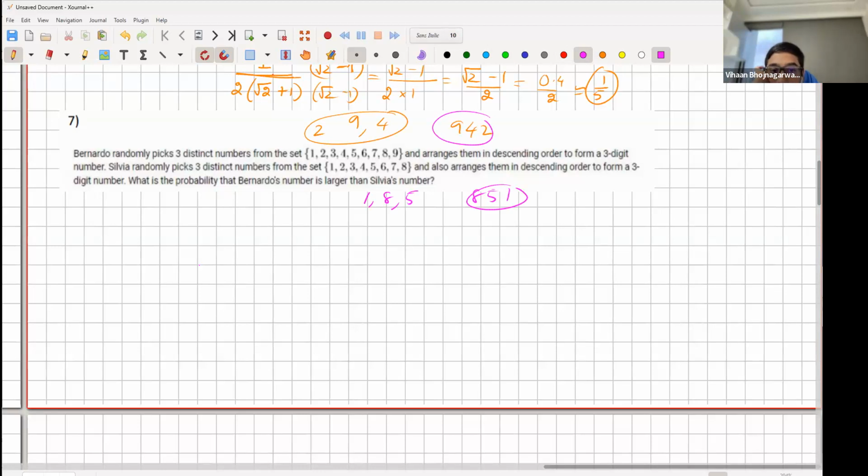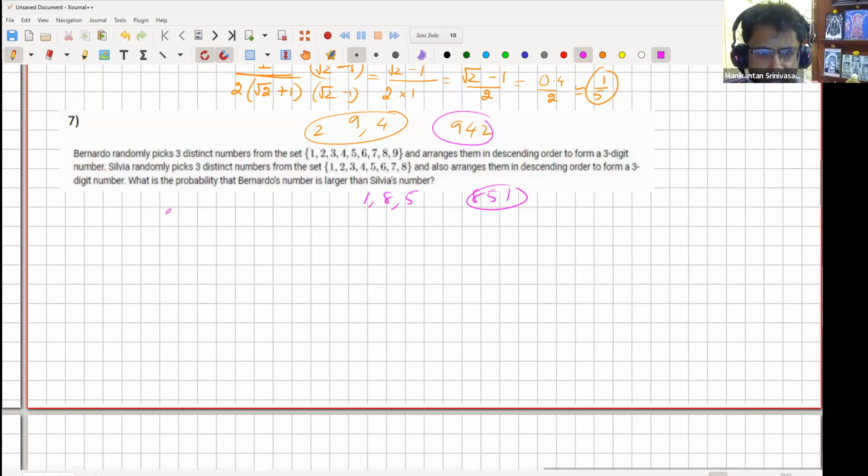I'm not sure if I'm correct, but overall, Bernardo will have 100 more numbers to make. Okay, let's see. Unless he cannot repeat, he will always have 100 more numbers.